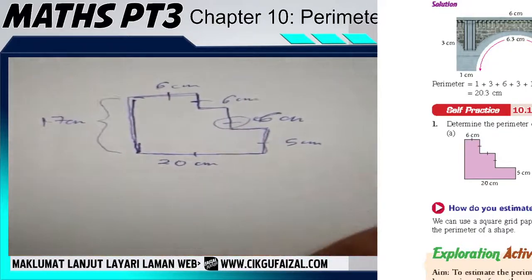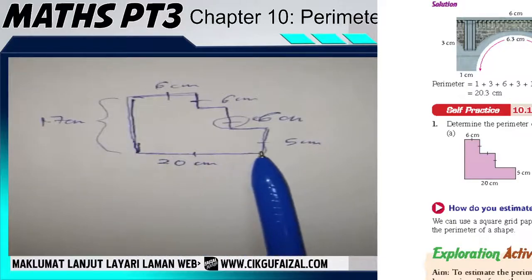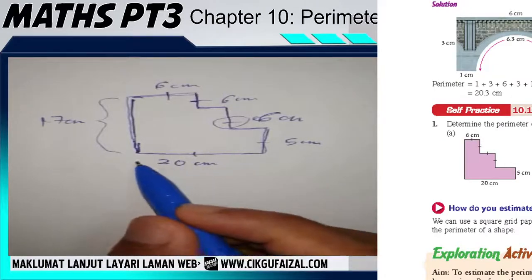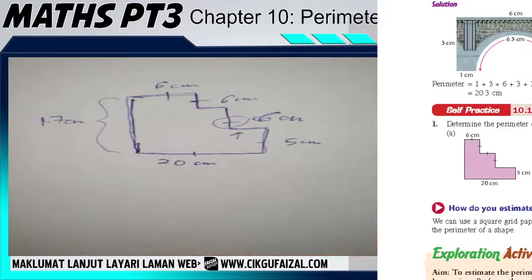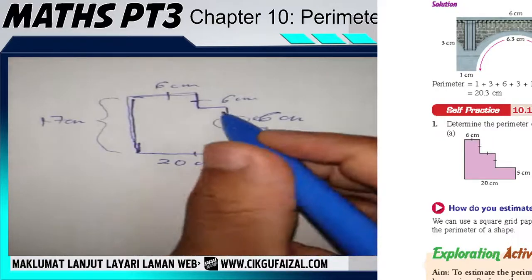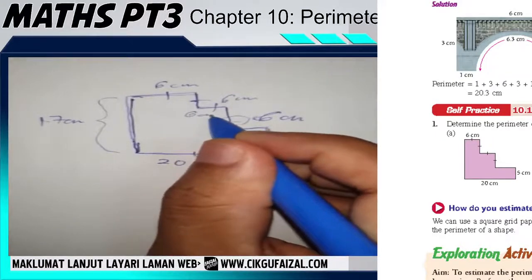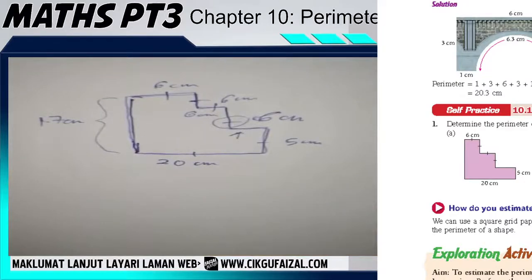So you look over here. Now every side has a known value. Sorry, only one side over here, which we don't know the length of. So how are we going to find out? By using subtraction. You add the values.